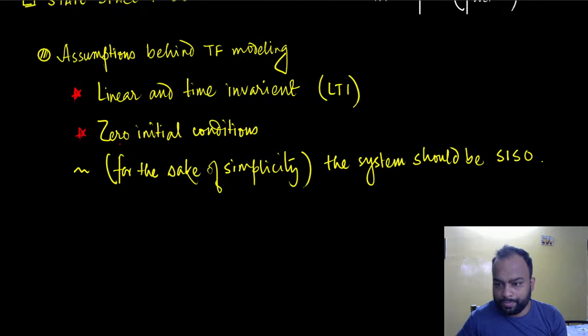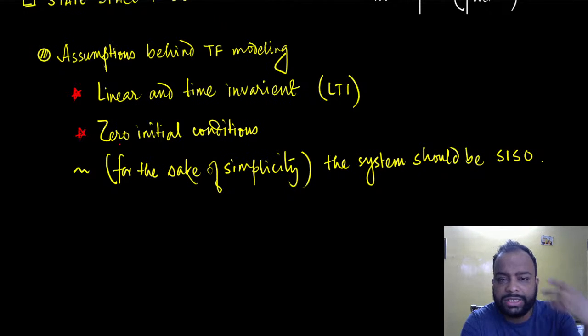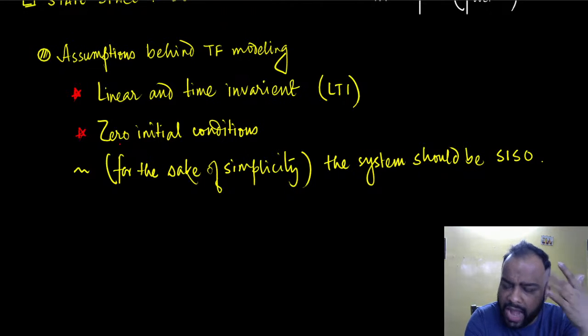But again, you probably have seen that if you have a multiple input, multiple output system, you don't even have a single transfer function. You would have multiple transfer functions, relating every single input with every single output. Say for example, if you have a system which takes 3 inputs and produces 2 outputs, that system is a MIMO system, multiple input multiple output system.